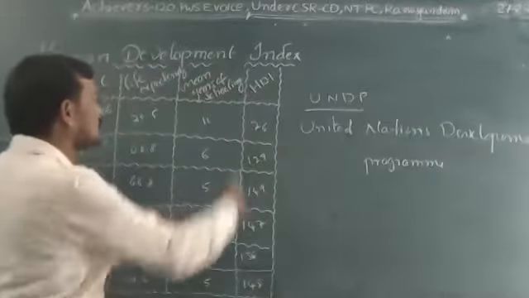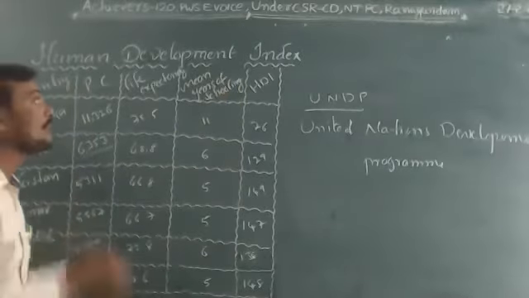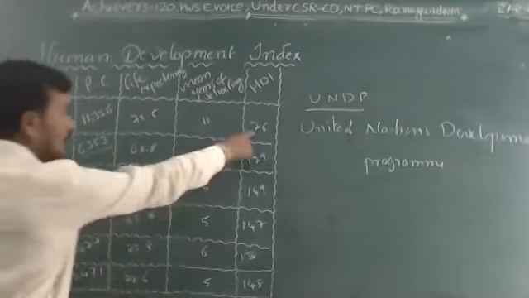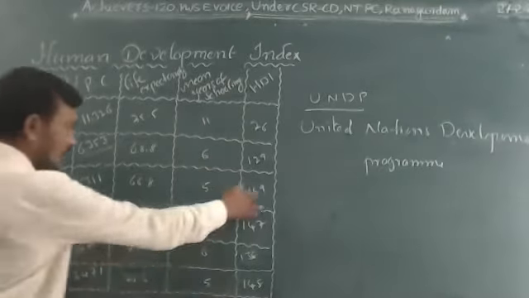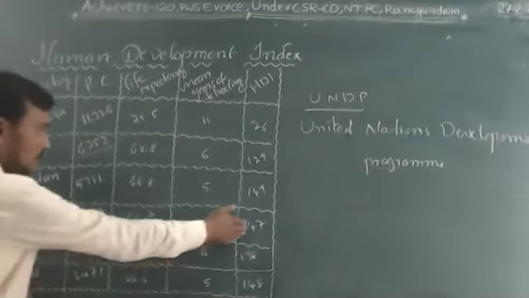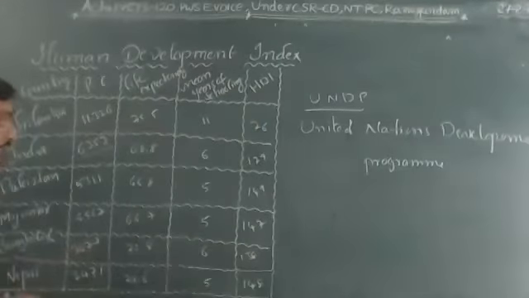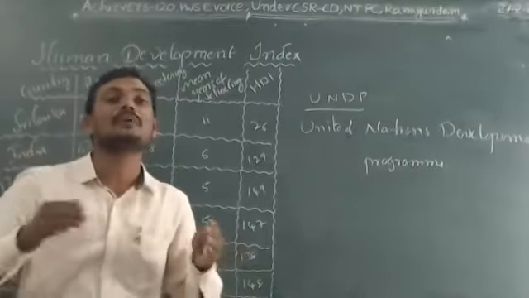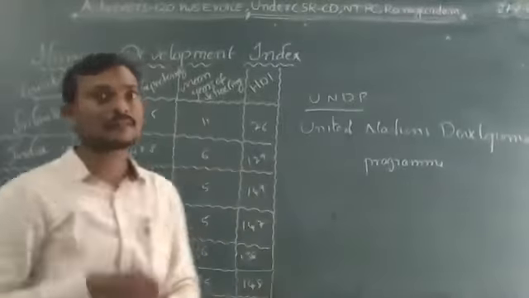So my dear students, in the given table, which country's human development index is higher? Yes, Sri Lanka 76, India 129, Pakistan 149, Myanmar 147, Bangladesh 138, Nepal 148. Okay, this is the question. What do you answer?